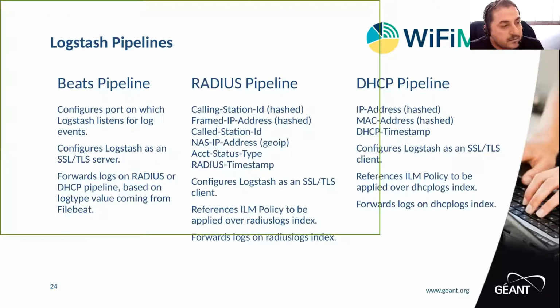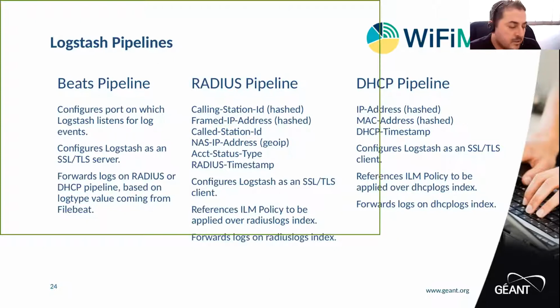And here is what happens in Logstash. We have three pipelines. The first one is the beats pipeline. Each pipeline has three elements: the input, the filter, and the output. The beats pipeline doesn't configure any filter. It just receives data and forwards it.